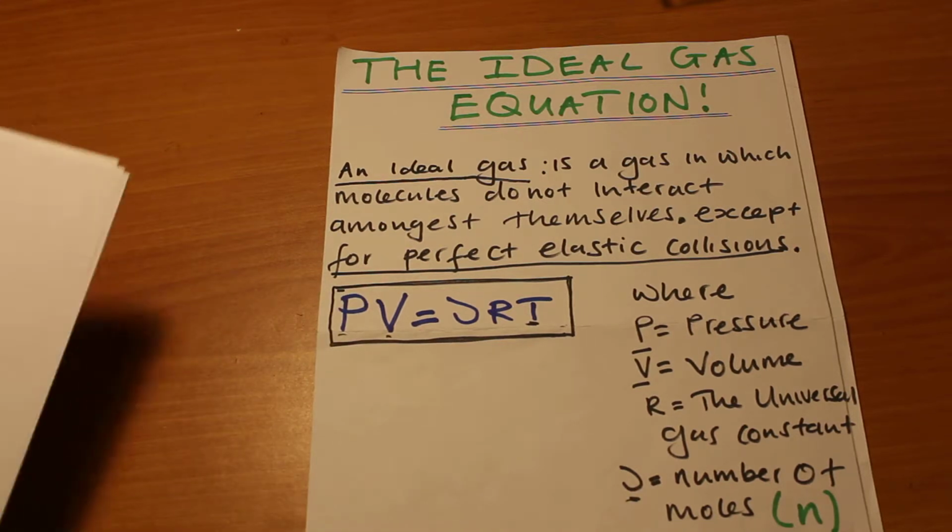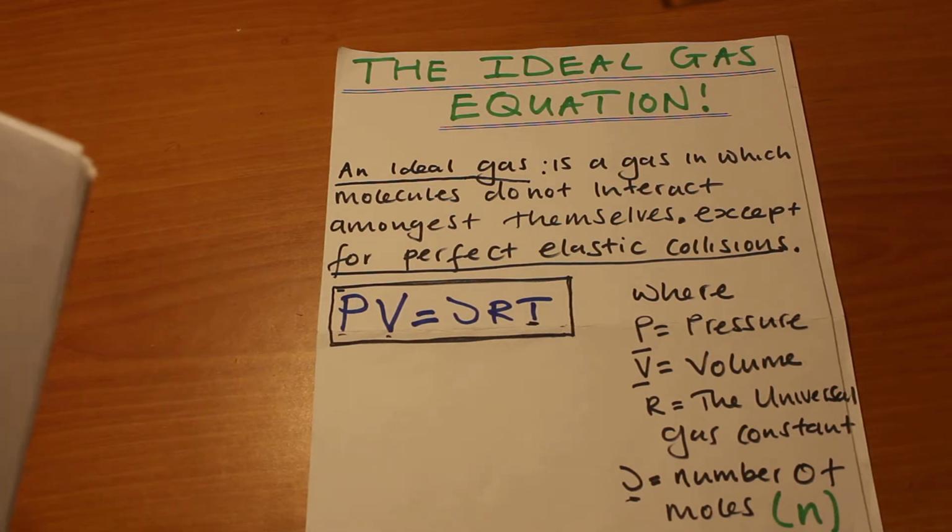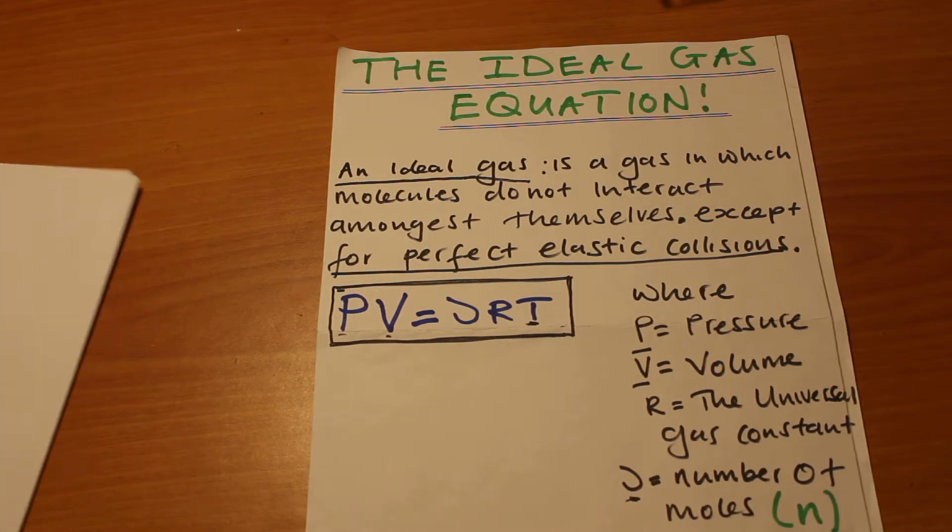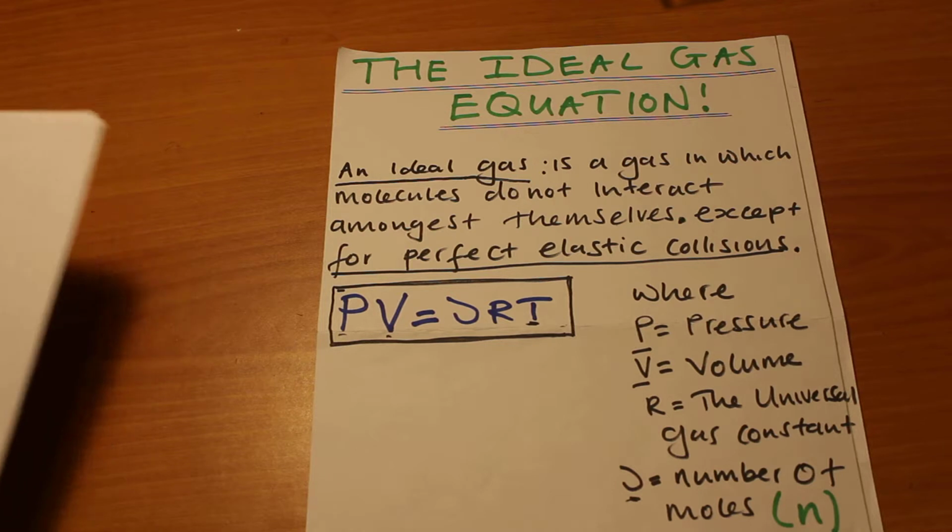If you remember the last time we looked at the kinetic molecular theory, we derived the formula for the pressure of molecules within a gas. This is where we're going to start from because things in physics are interlinked.